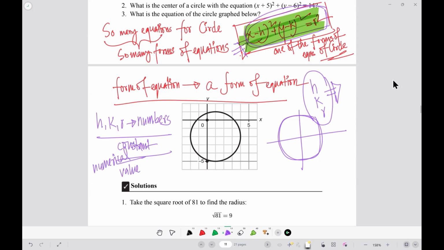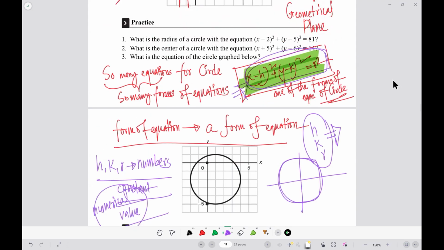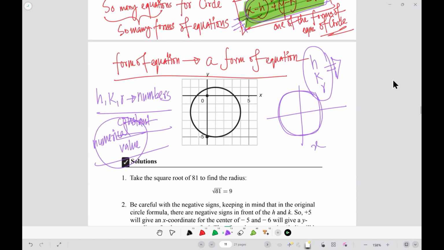Otherwise, these will be nothing but just a combination of variables. You cannot plot a combination of variables on a graph paper, because then the situation will arise where you have variable x, variable y, variable h, variable k, and variable r.